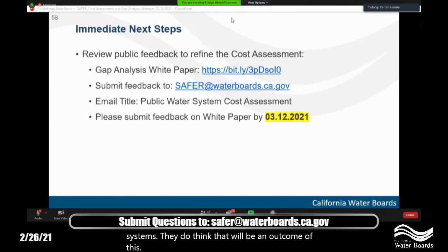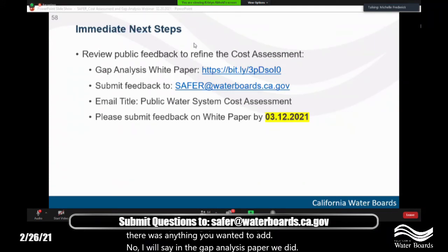I don't know if Kristen or Michelle wants to add anything there. No, I think you covered that well, Tara, unless Michelle, there was anything you wanted to add. No, I will say in the gap analysis paper, we did reference a little bit the fact that there might be responsible parties for some of this for reimbursement, so thinking of reimbursement of this funding source, but it is difficult.